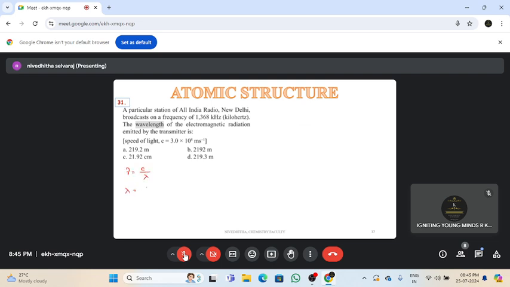What is lambda? C by nu. What is C? 3 into 10 power 8 meter per second. And what is the frequency? 1368 kilohertz. Kilo can be written as 10 power 3, and hertz can be written as second inverse. So this second inverse and this second inverse will get cancelled out. Please divide these two numbers and tell me the value of lambda.